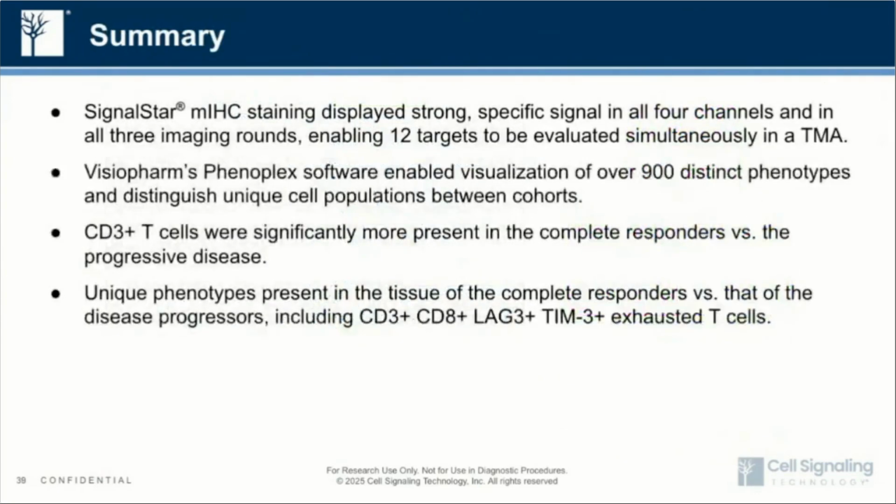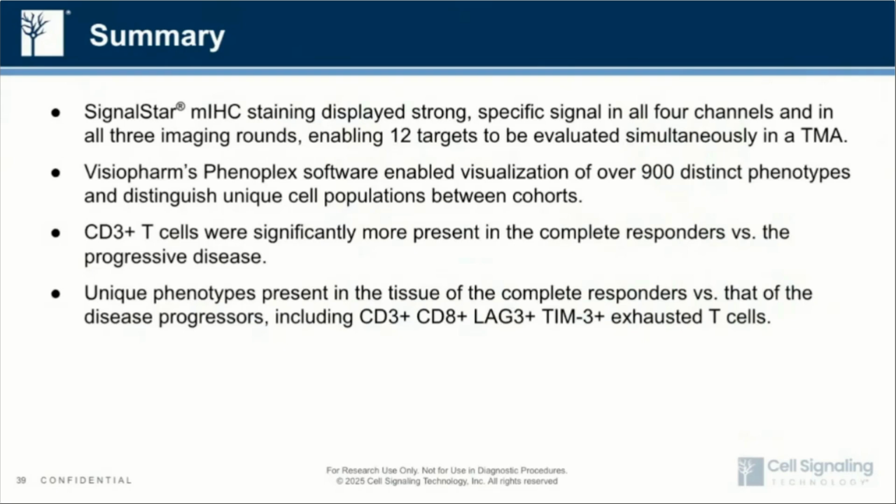Again, in summary, SignalStar Multiplex IHC staining displayed strong, specific signal in all 4 channels in all 3 of the imaging rounds, enabling 12 targets to be evaluated simultaneously in the TMA. And this is just the beginning. Since this study, we have been able to show 16 and 24 plex capabilities, available through literature that we can provide.